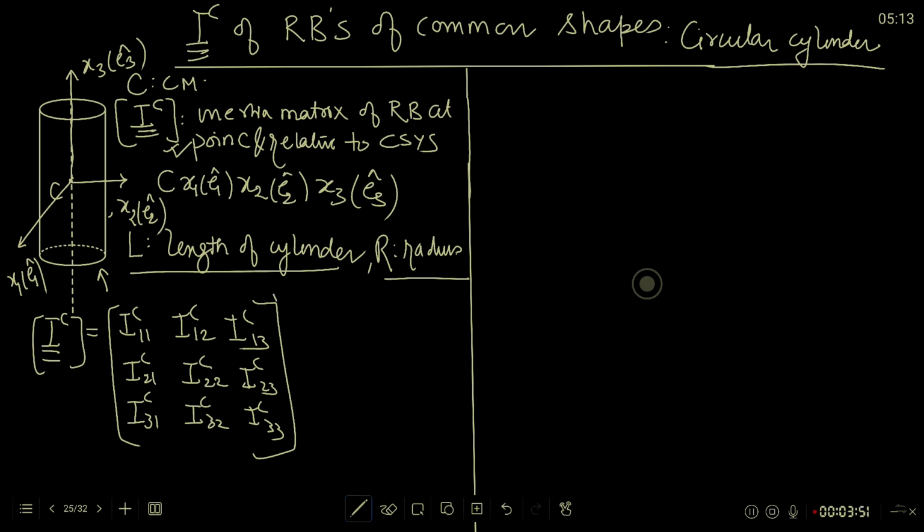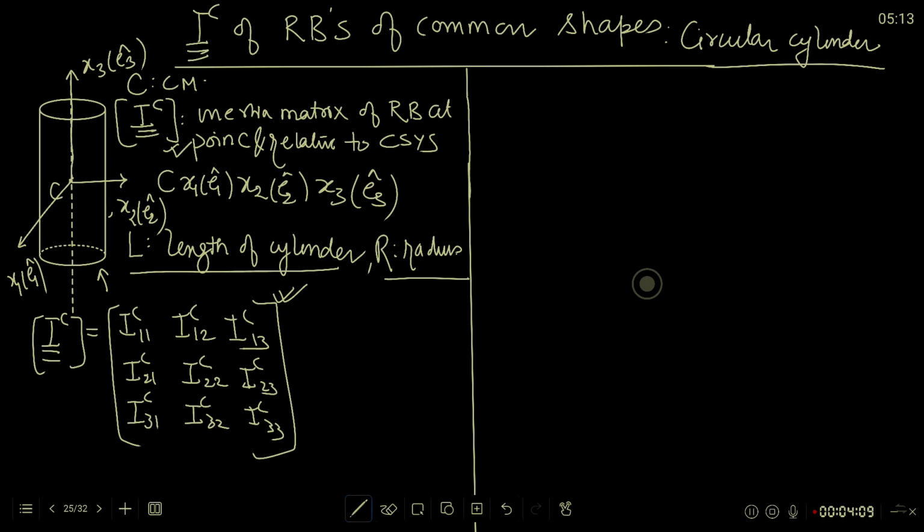In general, again I prepare myself to find the 9 scalar components, but then this body is a body of revolution, right?